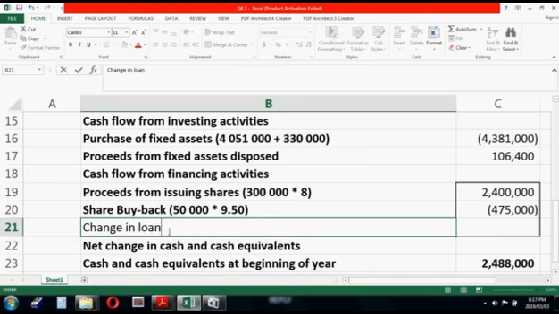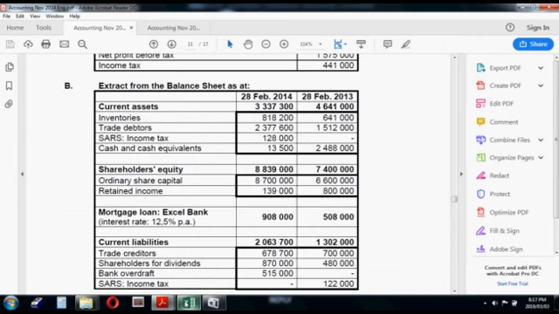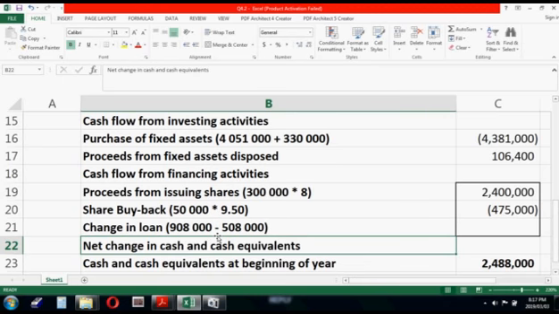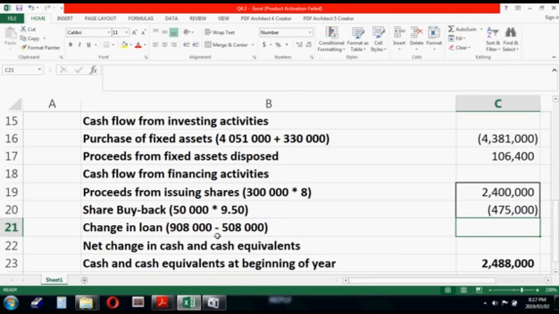So we have a change in loan, the 908,000 minus the 508,000, and that would be an inflow of 400,000 Rand.